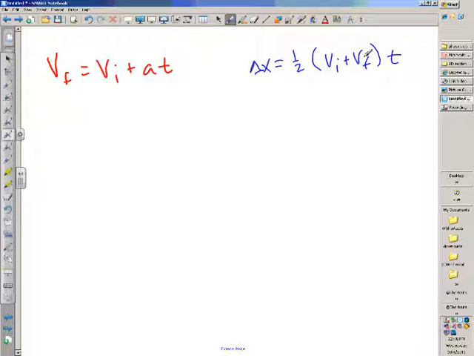Or actually, what I did was I'm going to rearrange both of these equations for t, and then I'll show you how they're set equal to each other. So right now, just watch, see if you follow what I'm doing, and we'll go from there.